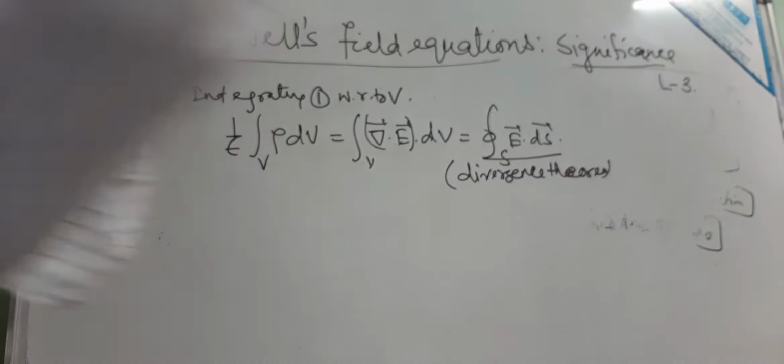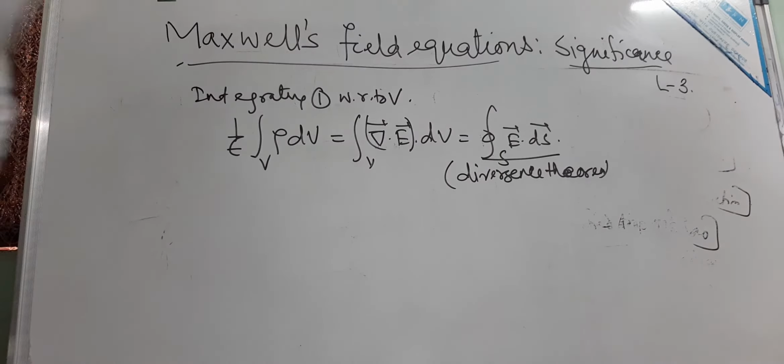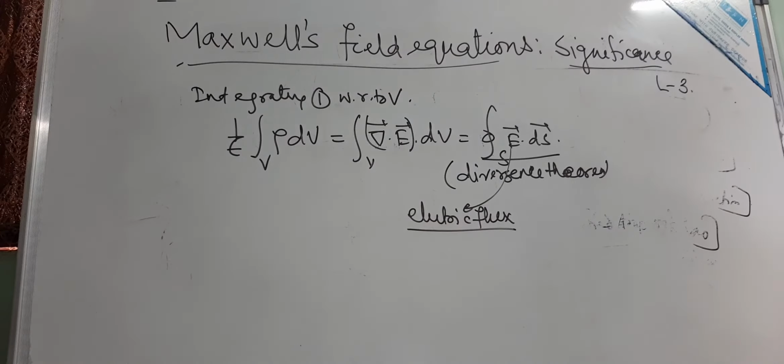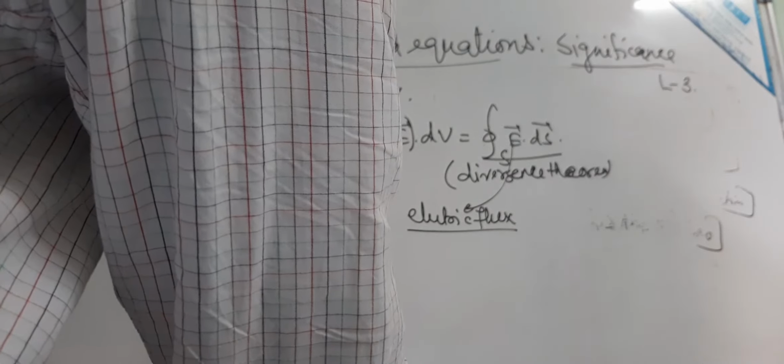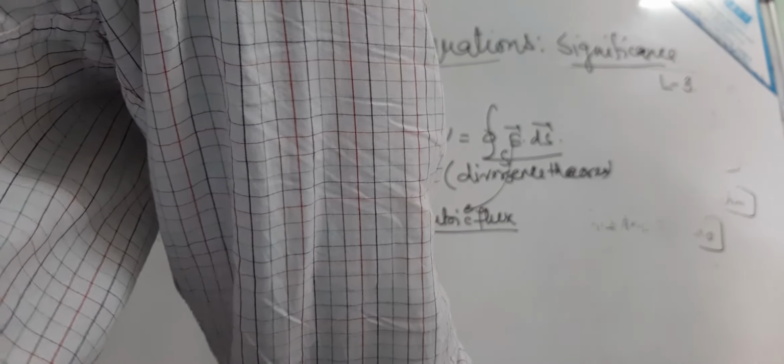So the integral of E dot ds over this closed surface is the electric flux through the closed surface. The integral of rho dV is equal to q. So we can write the integration of E dot ds equal to q by epsilon.